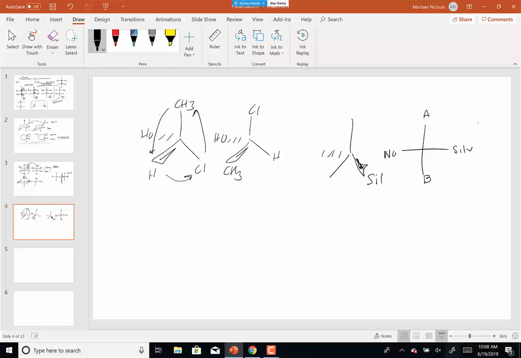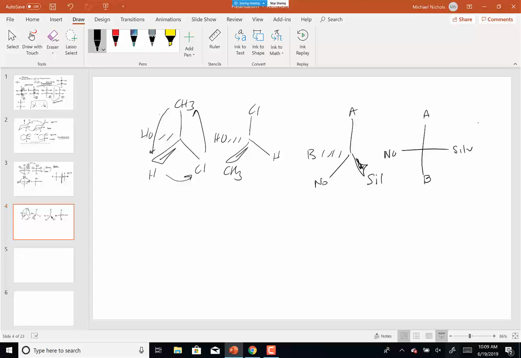And then where did the other one go? It went over here, right? And then the A that was on top is still A. And now the B that was on the bottom goes in the back. Going from right to left, I can see it. But I've been doing this a long time.